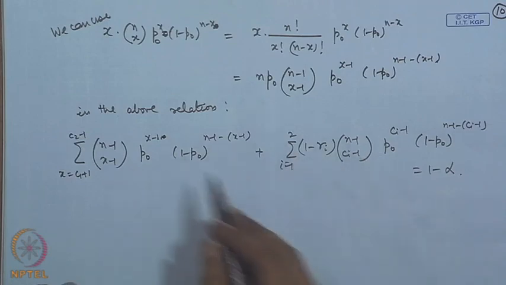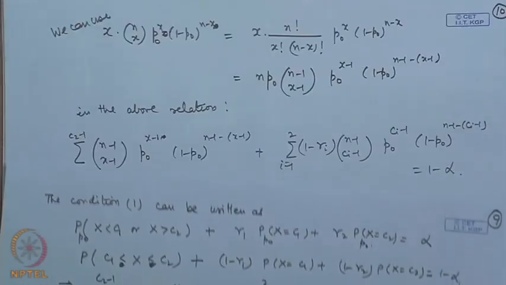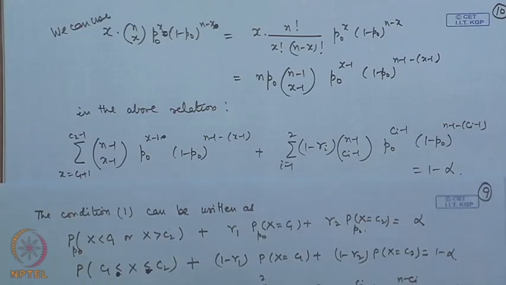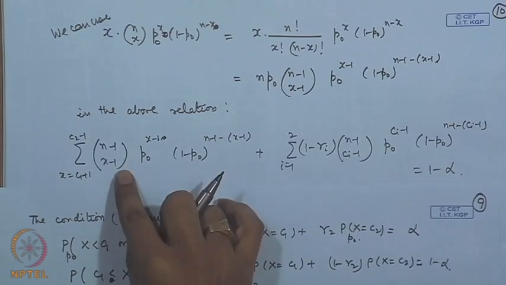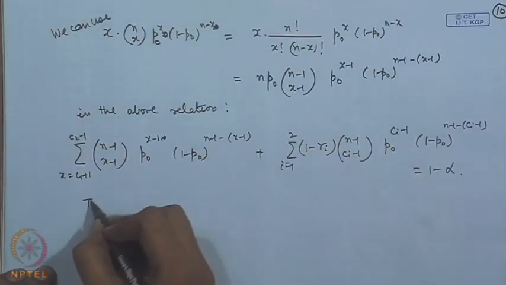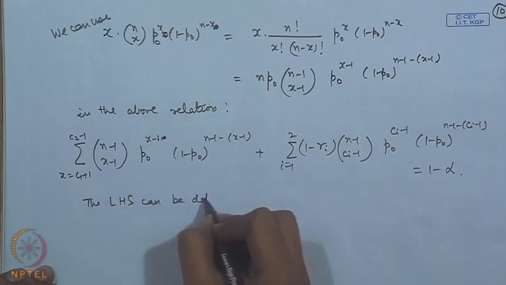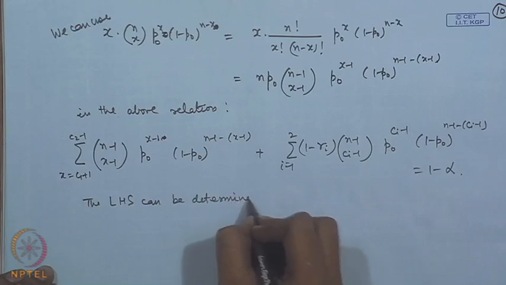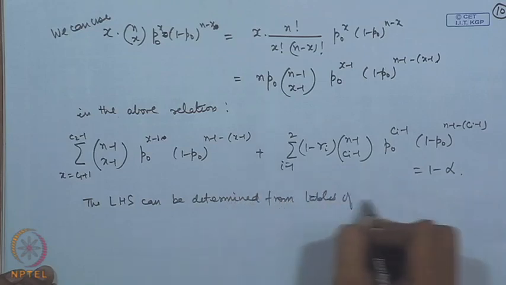And if you see this condition, there is a slight difference from these conditions here. Here you are having nCx, here this is (n minus 1)C(x minus 1). So, once again you can see this left hand side can be determined from tables of binomial distribution.